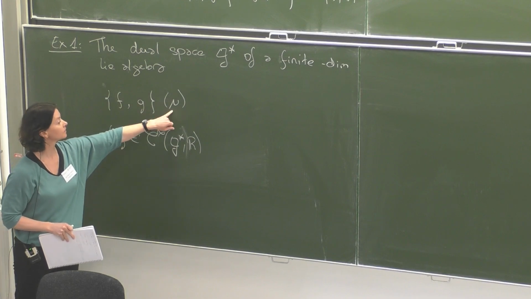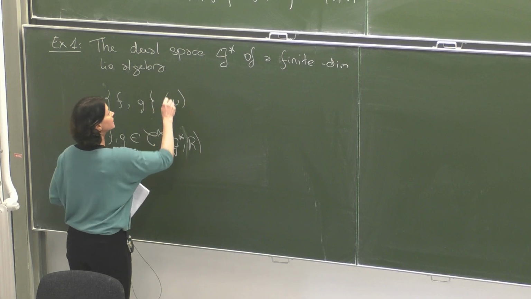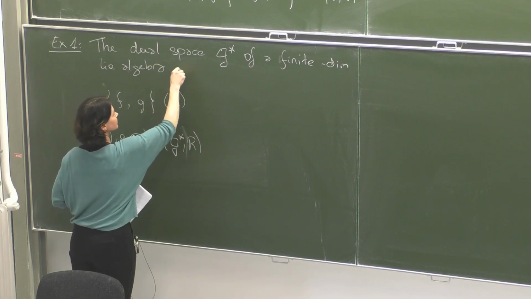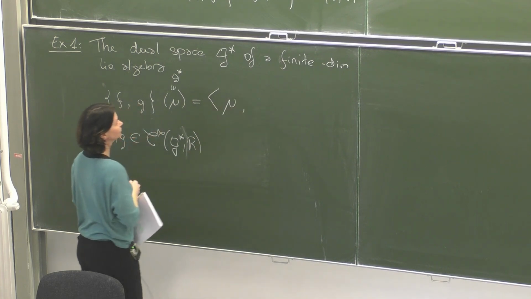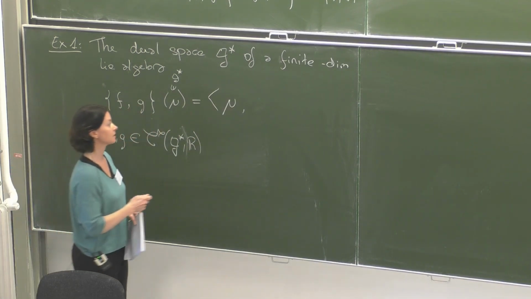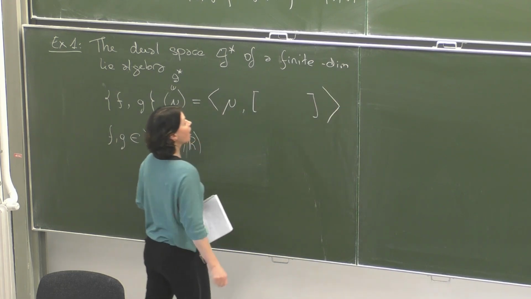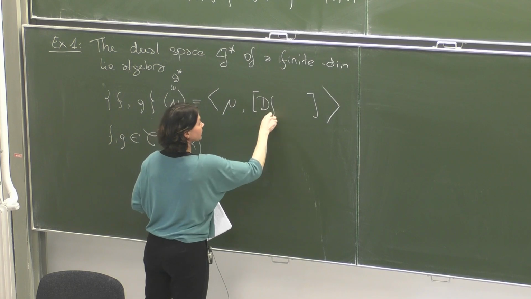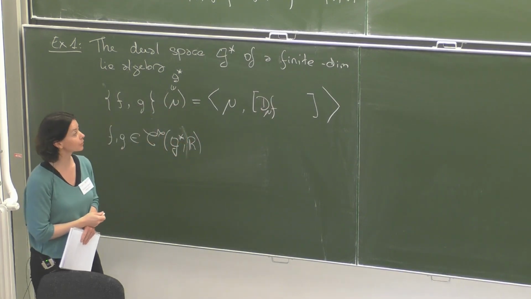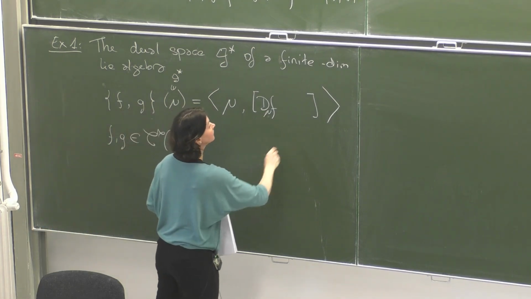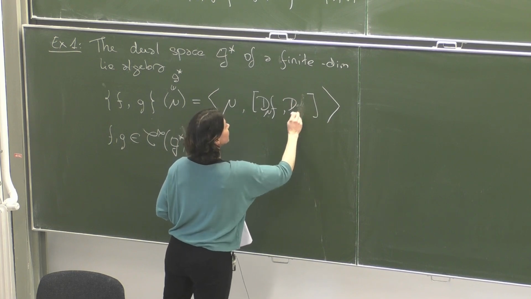So you can look at the value of this function at a point mu in the dual space of the Lie algebra. And this value is simply the pairing of this mu, which is in the dual space, with the bracket of the derivative of the function f. F is supposed to be smooth, so it has a differential at mu, with the differential of g at mu.